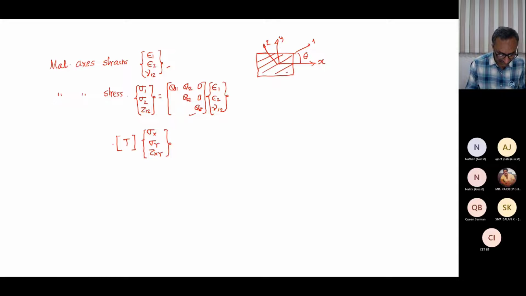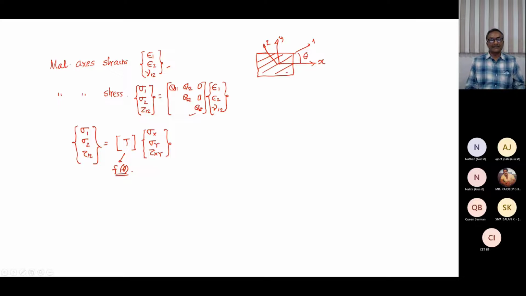That T is the stress transformation matrix, which is nothing but a function of sine theta, cos theta. You don't have to remember this matrix, but knowing this theta, if I know the stresses with respect to xy, sigma x, sigma y, tau xy, I can find out sigma 1, sigma 2, tau 12.